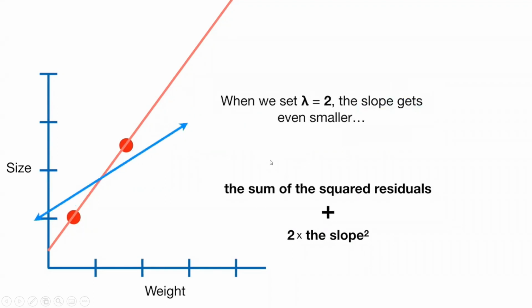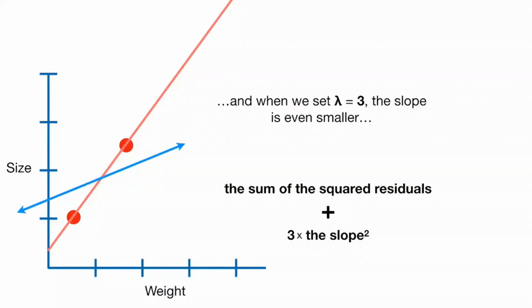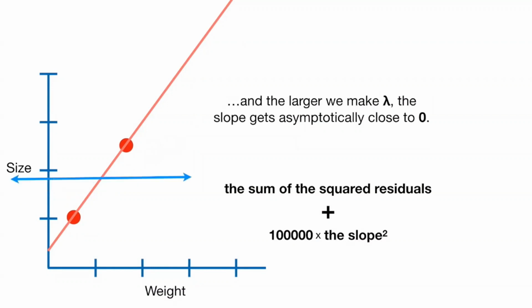Okay. Now, if you change this lambda to 2, it will again be a little less steep, right? You can see the difference. It is getting less steep, and when set to 3, it becomes even less steep, right? And when we set lambda equals to say 100,000, what happens is it will ideally be the mean of all these points.